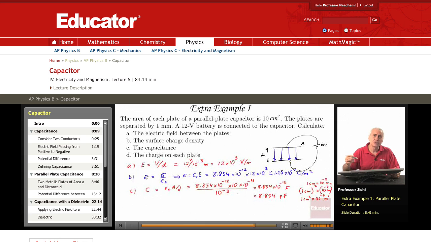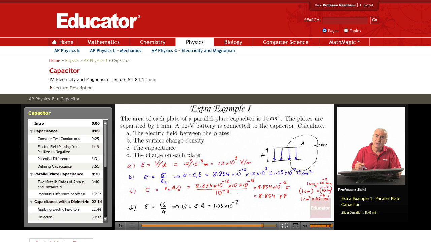Next, we want the charge on each plate. Now, since sigma is the charge on the plate divided by the area of the plate, this means that Q is sigma A. Sigma times the area. Sigma, the charge density, we have it here: 1.05 times 10 to the minus 7 coulombs per meter squared.